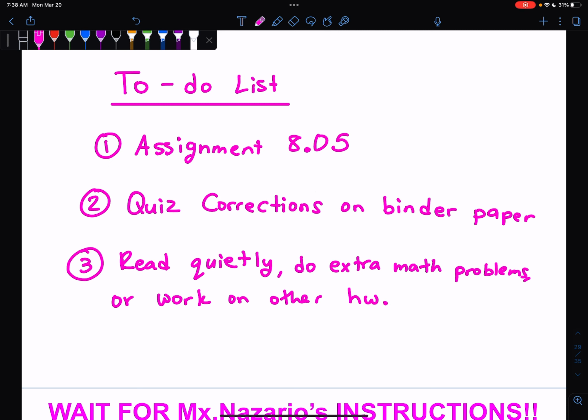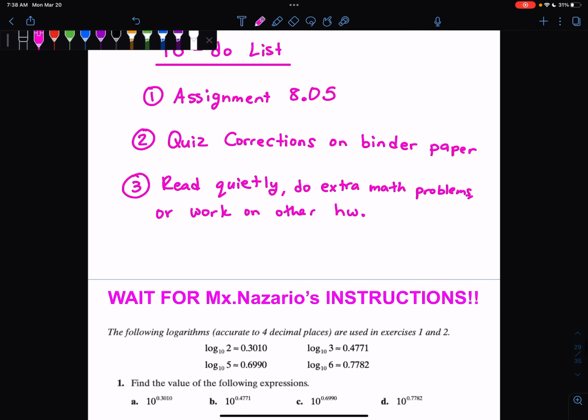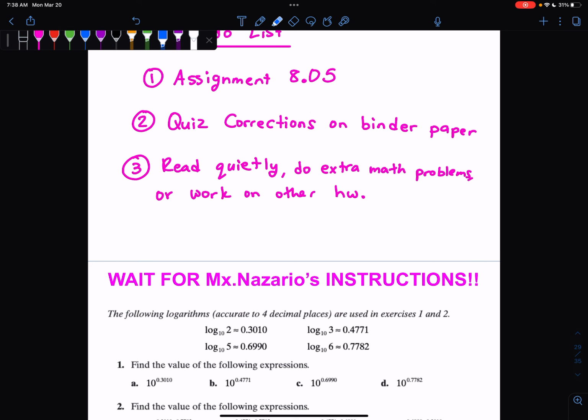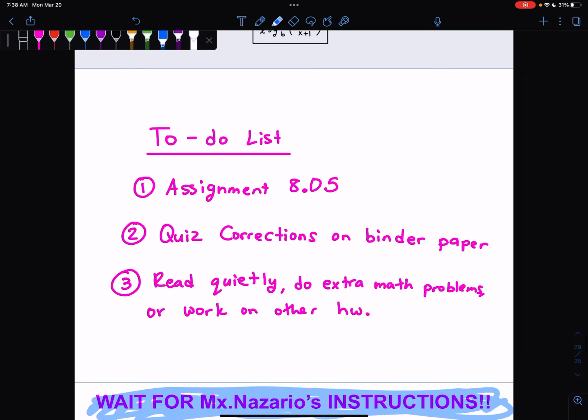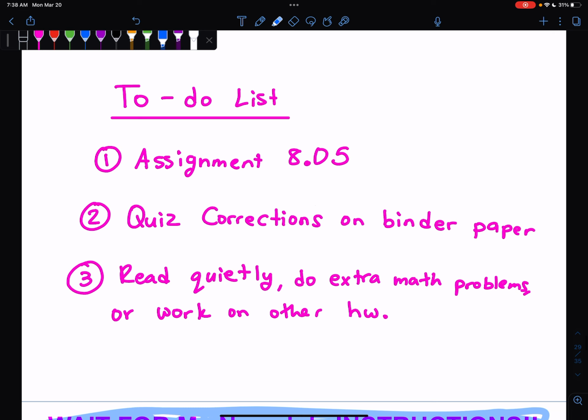Now would be a great time to finish them. And then remember, there are always these slides after that say wait for instructions. So if you don't have something to do, we can give you something to do. There are plenty more practice problems. So there's your to-do list. You can go ahead and pause the video so it stays on the screen. Whatever you need to do, freeze the screen. That's your to-do list that you're working on.